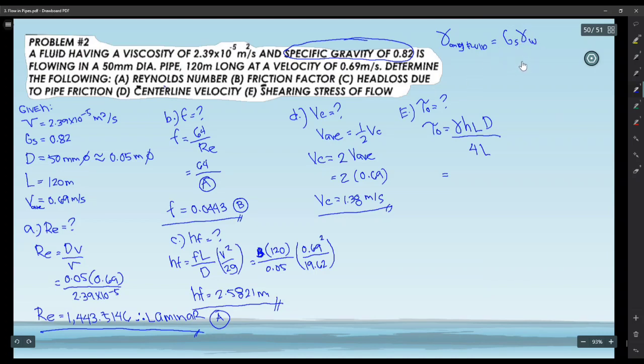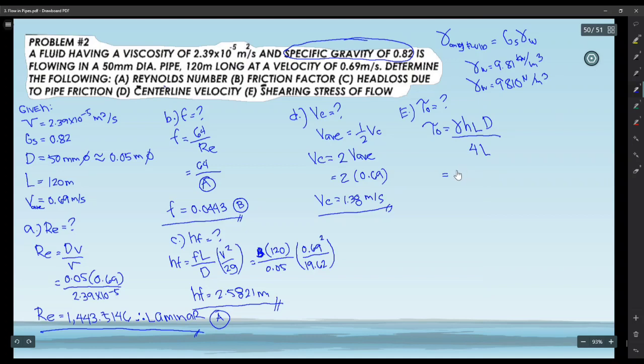So, ang unit weight ng water natin, di ba yan ay equals lang sa 9.81 kilonewton per cubic meter. So, ang gusto mo isagot mo is na newton per cubic meter or Pascal. So, yung gamma ng water mo in terms of newton per cubic meter, multiply mo lang ng 1,000 or that will be 9810 newton per cubic meter. So, gawin ko na lang in terms of kilopascal para 9.81 yung gagamitin ko.